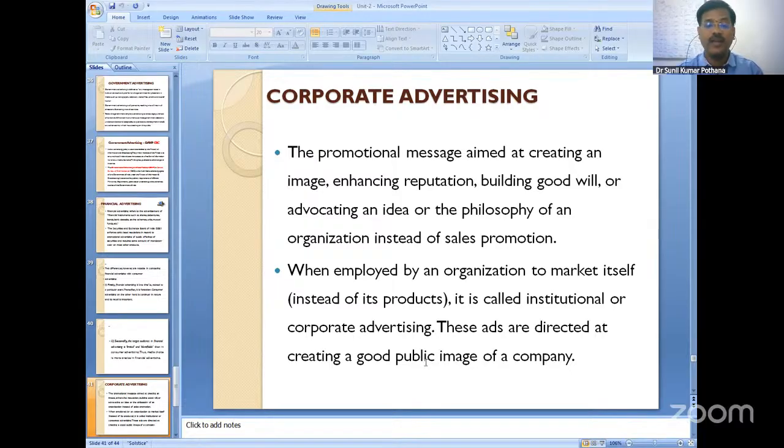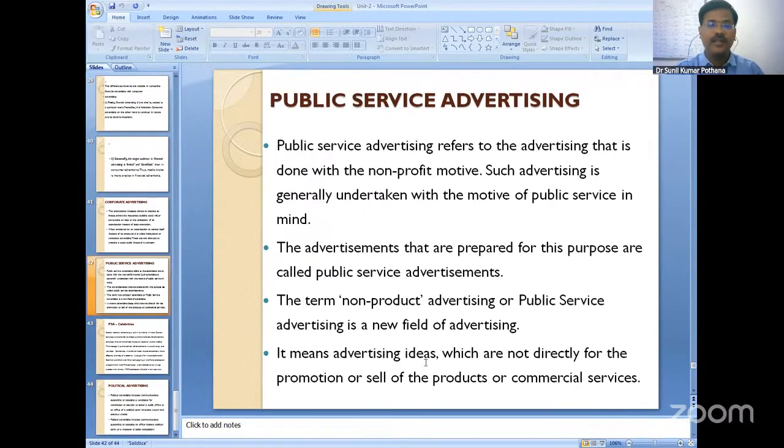When employed by an organization to market itself instead of its products, it is called institutional or corporate advertising. These ads are directed at creating a good public image of a company. Another kind of advertising is public service advertising.